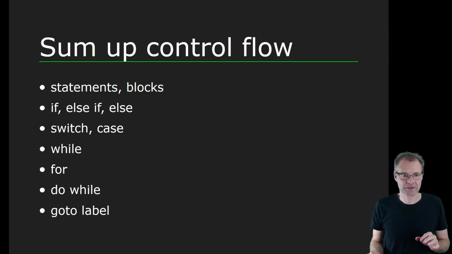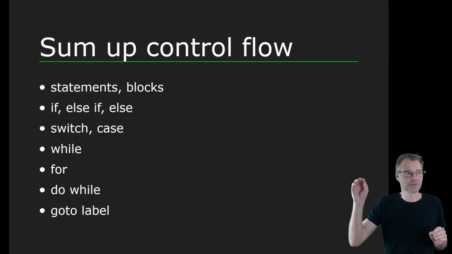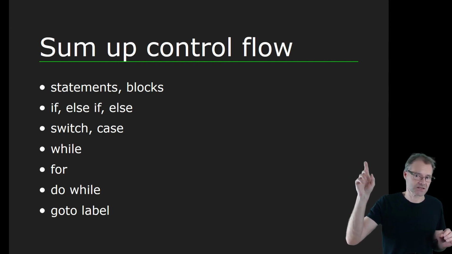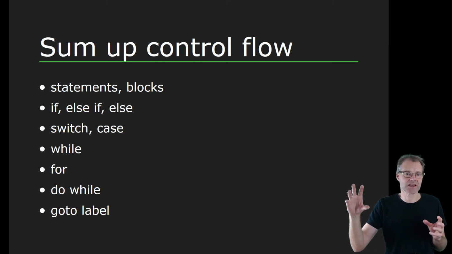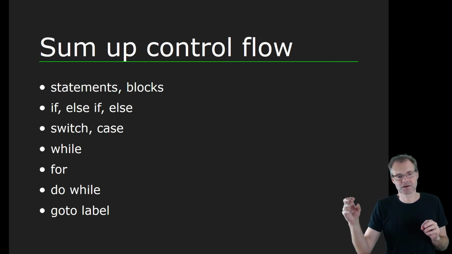So there we can sum it all up. This was about the control flow. We talked about expressions, statements, and blocks. We saw the different constructs, how we can do the if else, and we discussed how switch case relates to this. And we saw examples on them.